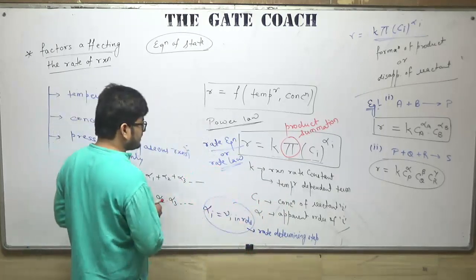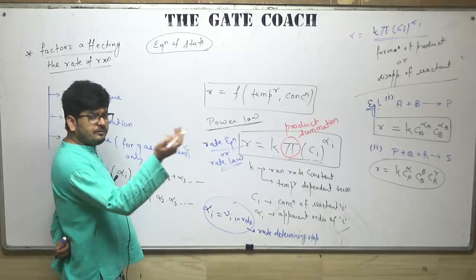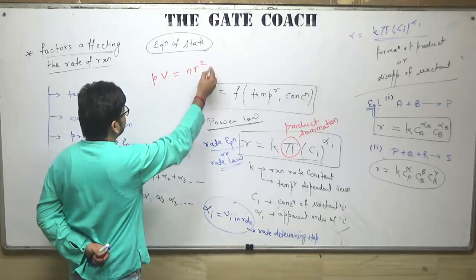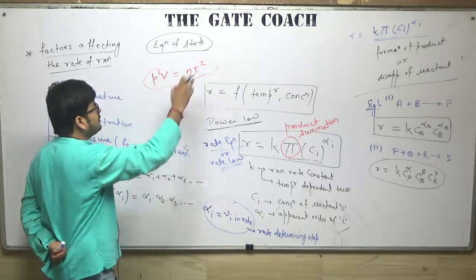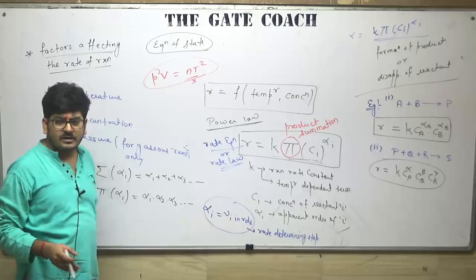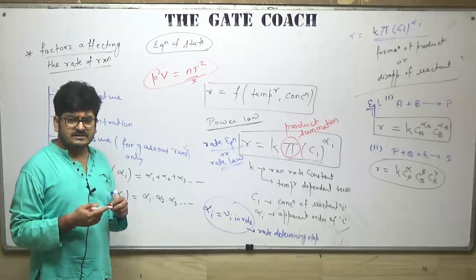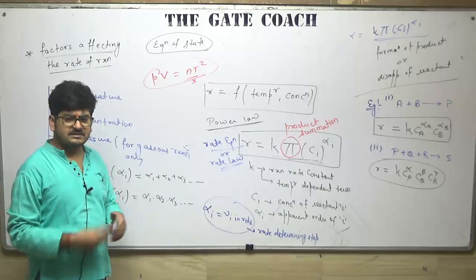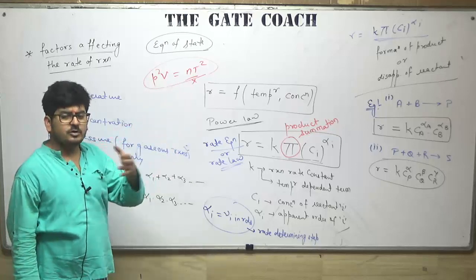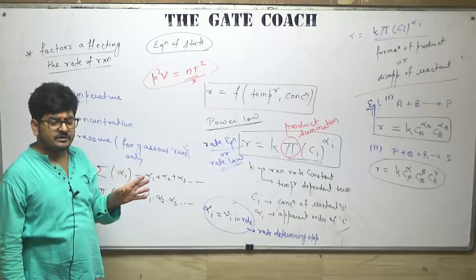Suppose in future, if any one of you relates pressure and volume like this, that P squared V equals nT squared over X, and for any given system, this is the equation of state which you have derived from your experiments or research, whatever.